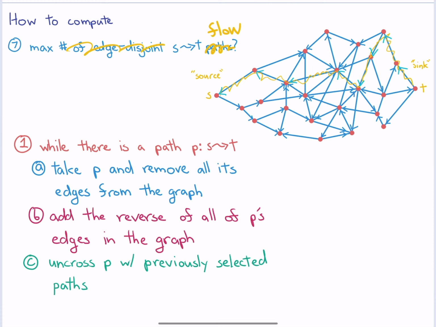Suppose we want to compute the maximum ST flow. This is the exact same Ford-Fulkerson one-path-at-a-time algorithm from before, and we're just going to adjust it to fit our needs. Remember from before, each time I found a path, I took it and added the reverse edges. Now for flow, we'll do something similar. I'll look for a path.